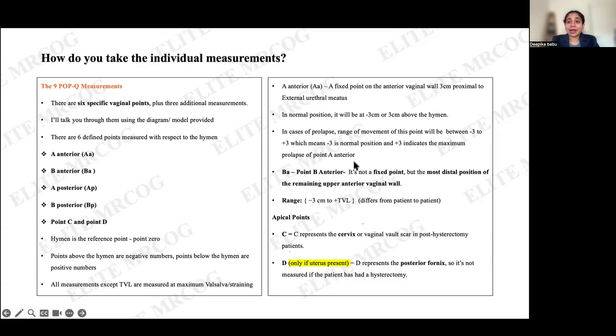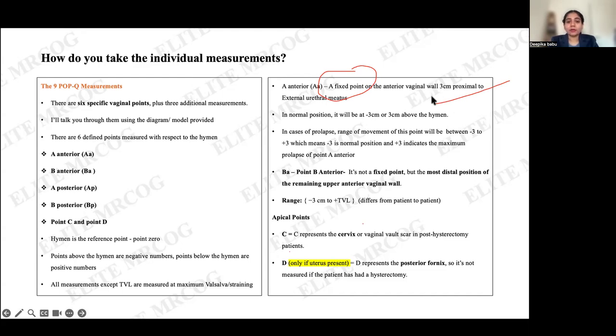So what is A anterior? Remember, it is a fixed point. Don't say proximal point and those things. You have to use this word: it is a fixed point, and the examiner will be looking for this. It's a fixed point on the anterior vaginal wall, 3 centimeters proximal to the external urethral meatus. No compromise on this. You have to say it.